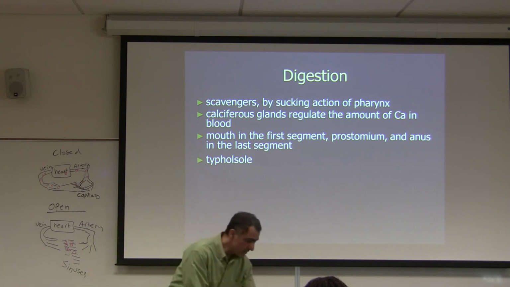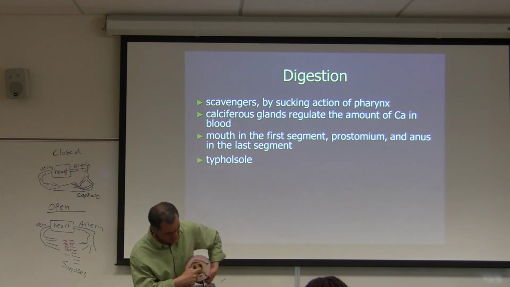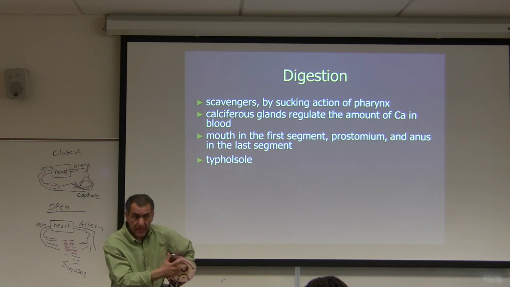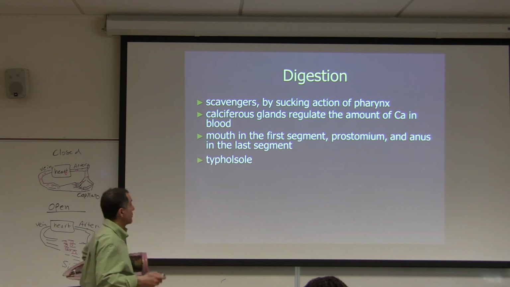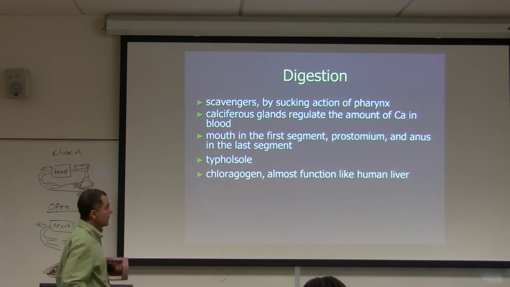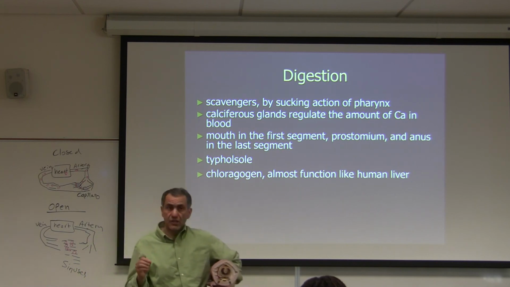Where the soil is going to be in these animals is the brown area. You see that brown area right here? That's where the soil is going to be. And then I will talk about chloragogen cells. Chloragogen almost looks like our liver. They make glycogen.